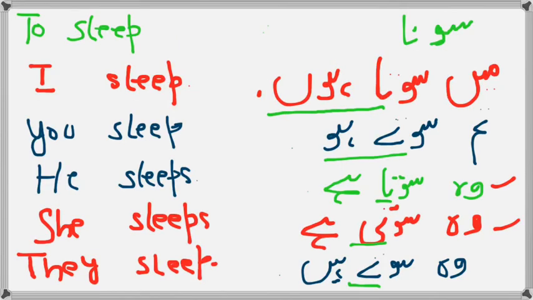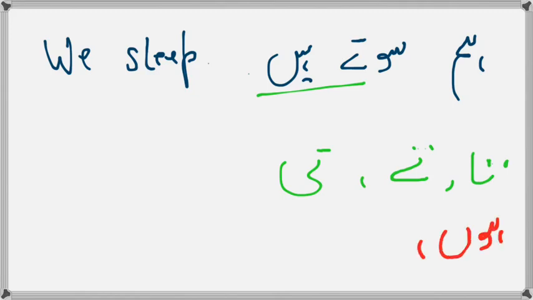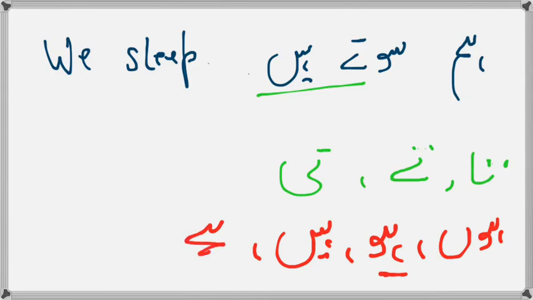So there are just three versions, that is ta, te and ti, and depending upon the pronouns we can add हूँ for मैं सोता हूँ, तुम सोते हो, आप सोते हैं, वो सोता है, वो सोती है, वो सोते हैं और हम सोते हैं.